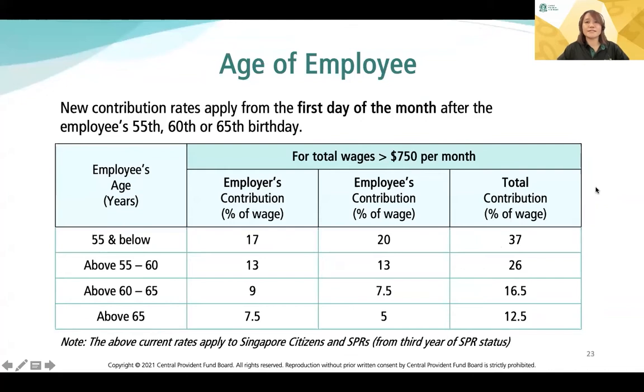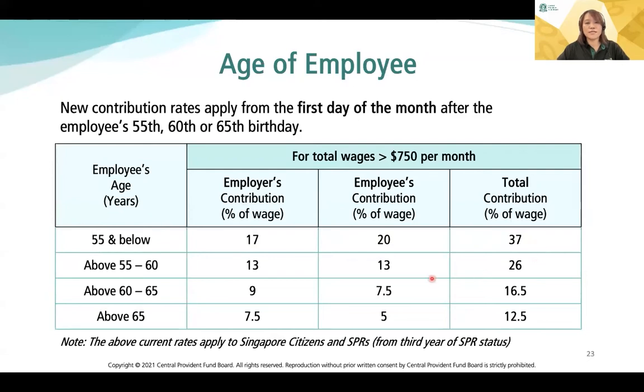Then the second factor that affects the amount of CPF contributions will be the age of the employee. Okay, so do take note that once your employee reaches 55, the CPF contribution rates will start to change. As you can see, for those 55 and below, like for myself and probably some of you out there, we get a total contribution rate of 37% of our wages.